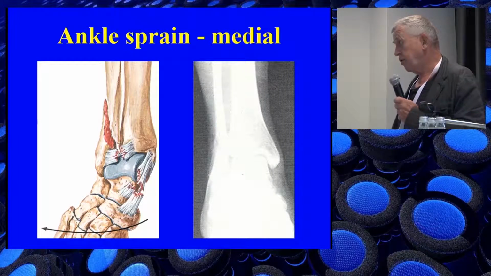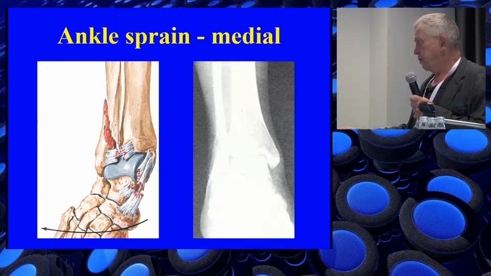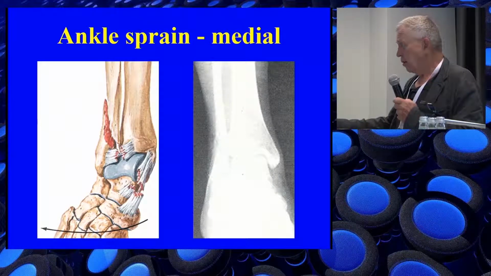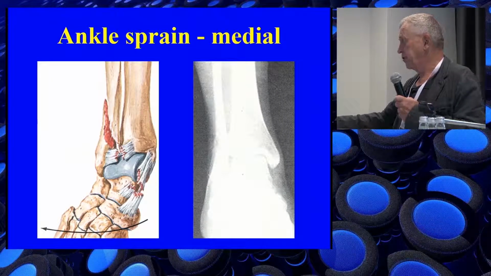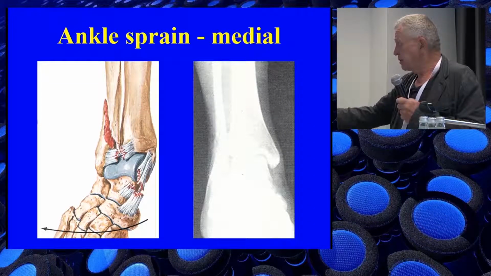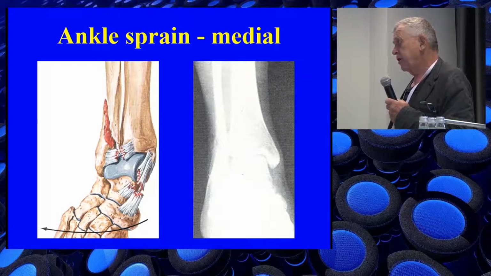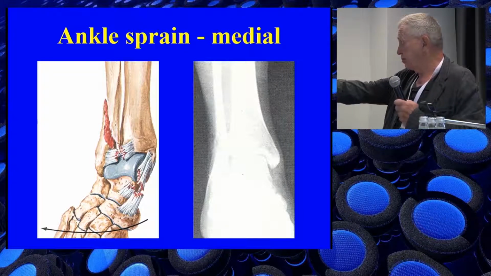You have the strong medial deltoid ligament on this side, and when you have a pronation and outer rotation, you start with a rupture of the inner ligament, the deltoid ligament here, and when that ruptures and you still have a dislocating force, the next is the syndesmotic ligament in the middle here that ruptures, and when that one ruptures, you get a fibular fracture in this position.